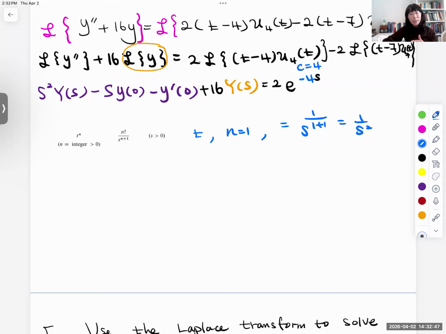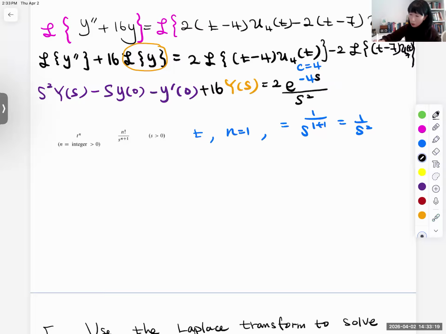We did this in the last section. So t minus 4 times u sub 4 of t, they are matching. We are using 4 here, and we are using t, so we use s squared there. Make sense? We did that last time.